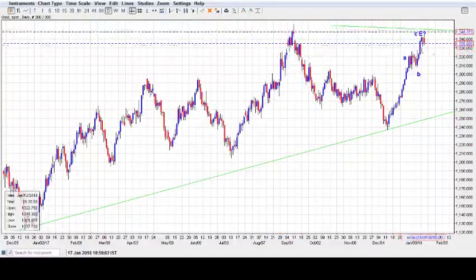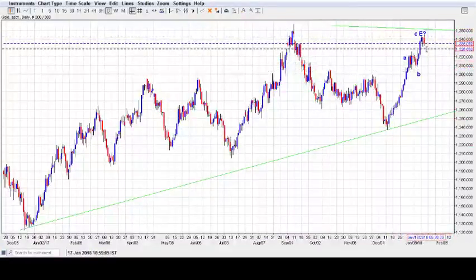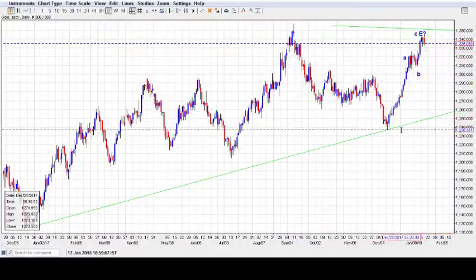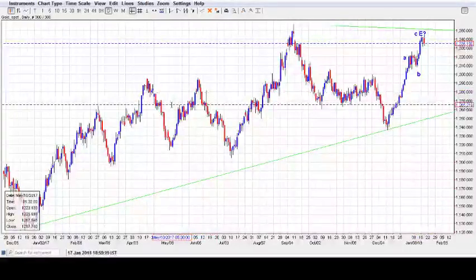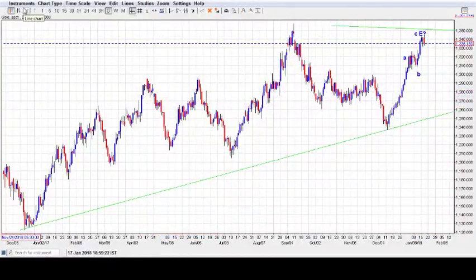If this E wave is seriously terminating right now, then watch out for the first soft target to be taken out at 1236. That is about 100 points low from here. All right, so we are short in gold and short in the Euro USD, and long in the dollar index. Short-term profits were taken right now, but we need to again go and sell the euros and buy the dollar index.